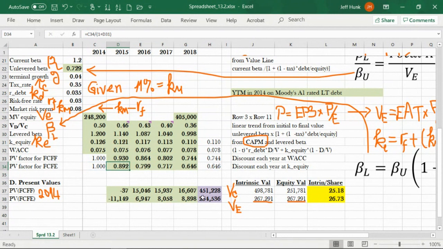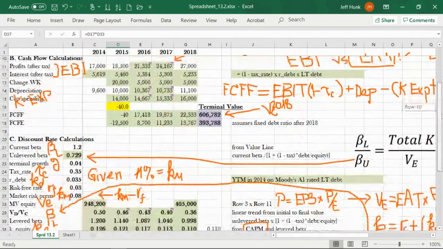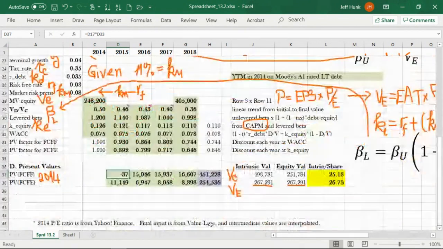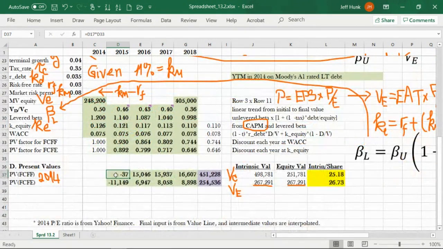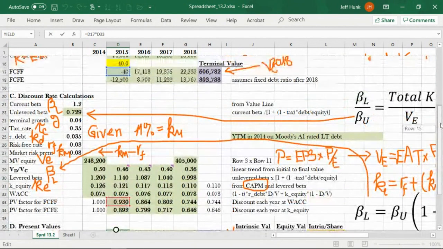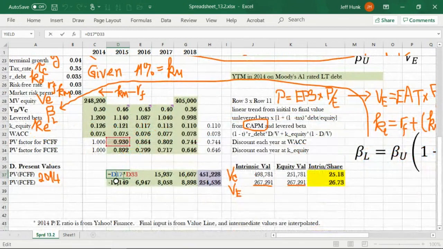And now all you need to do is discount those free cash flows up there, right? And if you discount it, D17, which is the free cash flow data there, and so on. You drag it all the way to the right.